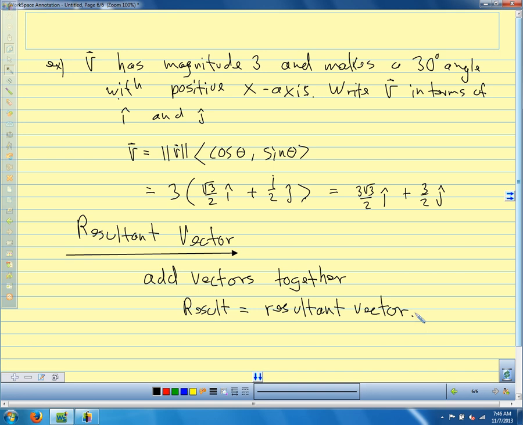So again, part of what I want to do today is just have some vocabulary that we're all familiar with when we're working on these things. A couple of details when you're dealing with resultant vectors. Often they'll give you problems that have to do with navigation. You're flying, you're sailing something, so your vectors have to do with your directions.